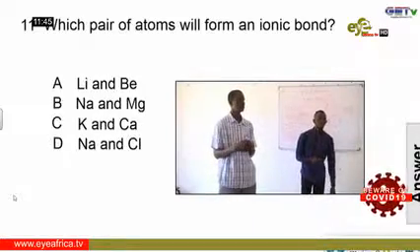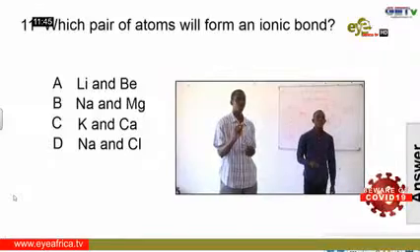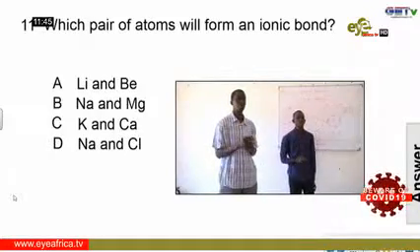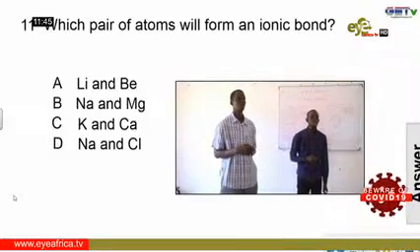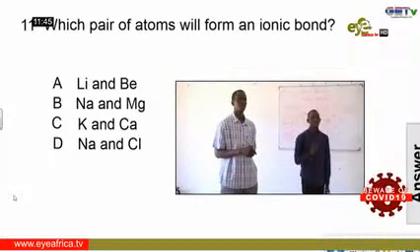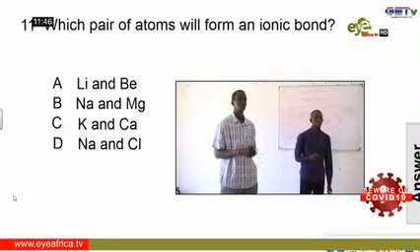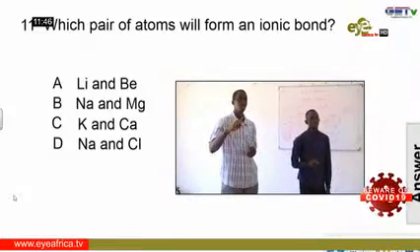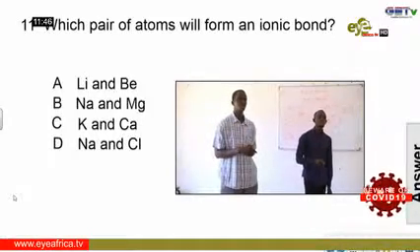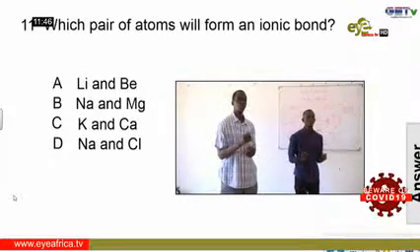11. That is the second question. Which pair of atoms will form an ionic bond? A, lithium and beryllium. They are both metals, so they cannot form an ionic bond. B, sodium and magnesium. Sodium is in group 1, magnesium is in group 2, which means they are both metals, so they cannot form an ionic bond.